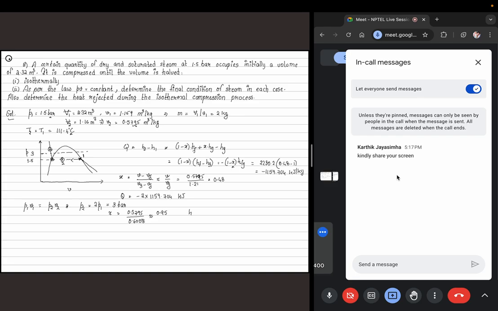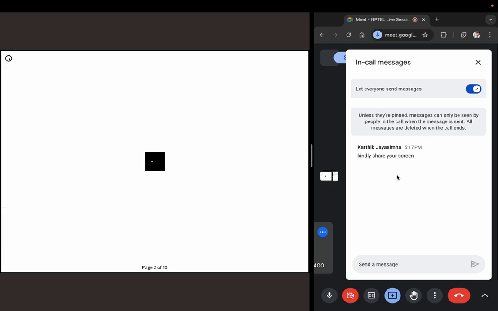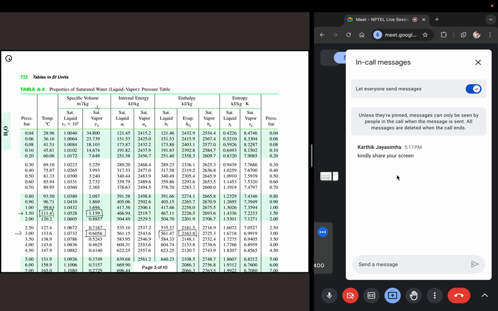And you know the HFG value. You can also directly take the HFG value from the table. That is around 2160.8. HF is around 561.47.